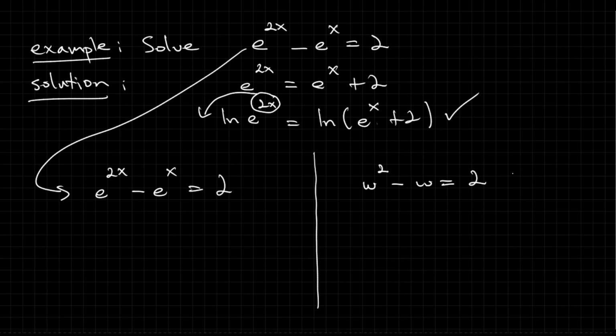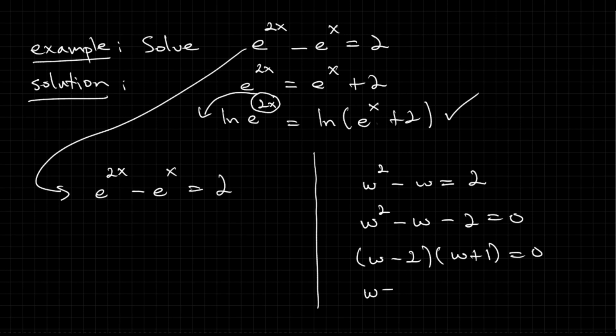Well, this is a quadratic equation in w. If I move this minus 2 to the left-hand side, then I can factor as w minus 2 times w plus 1. And so w equals 2, or w equals minus 1.